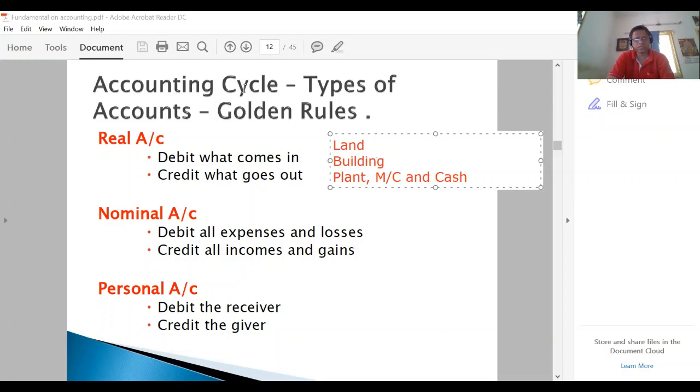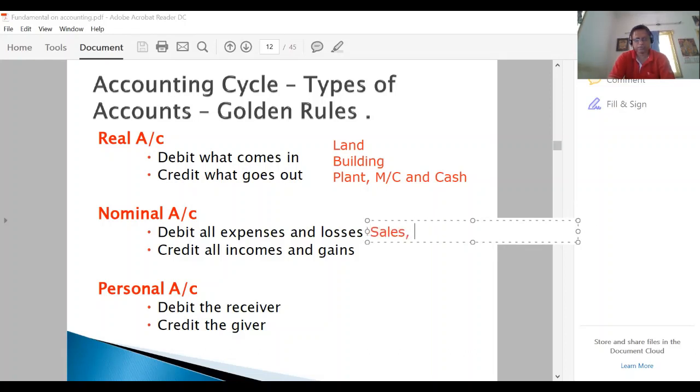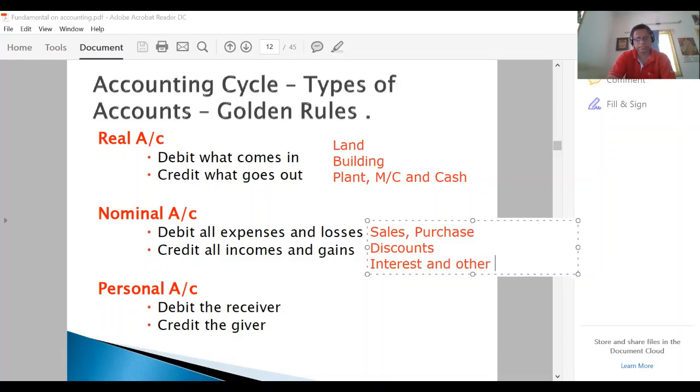Okay, let's go to the nominal account. In the nominal account, we have all income and expenses like sales, purchases, discounts, interest, and other expenses.